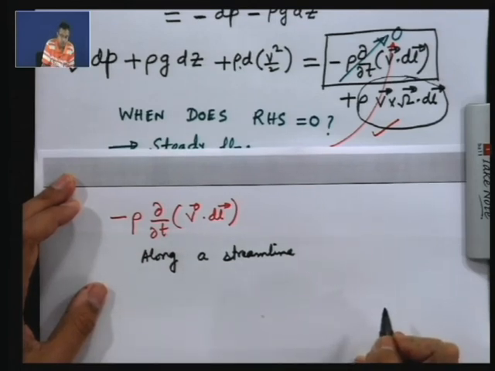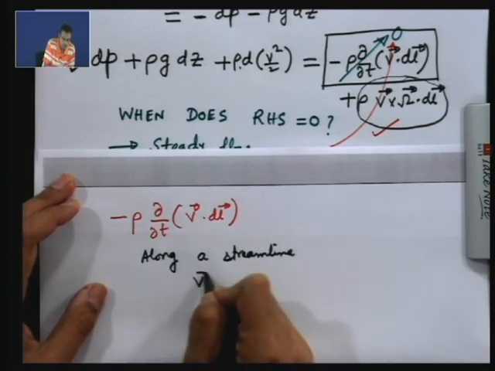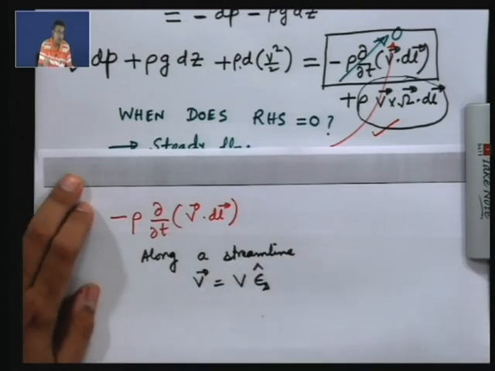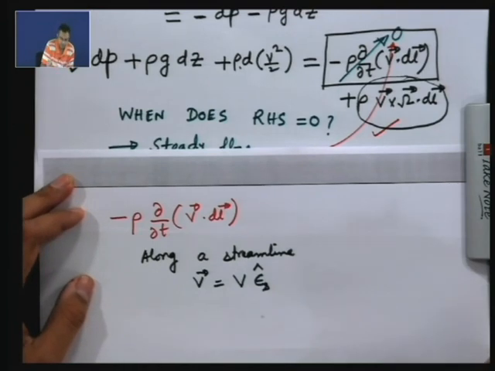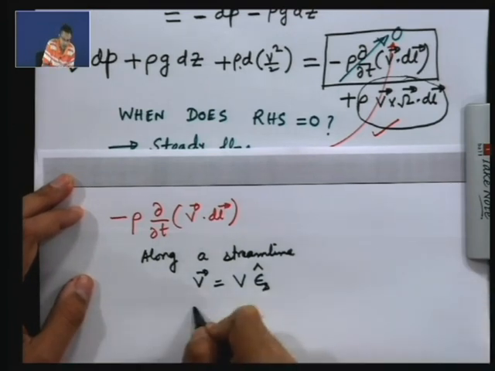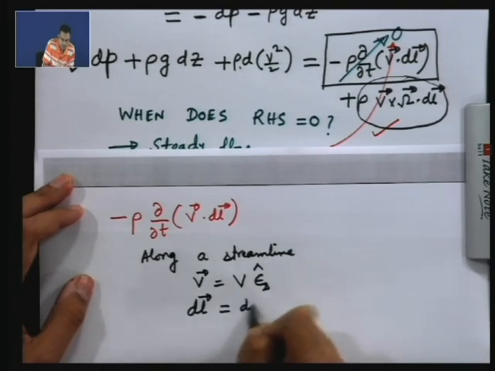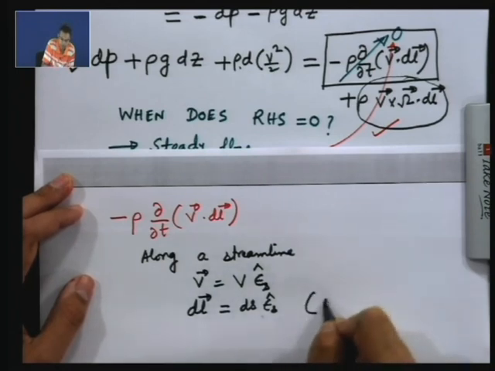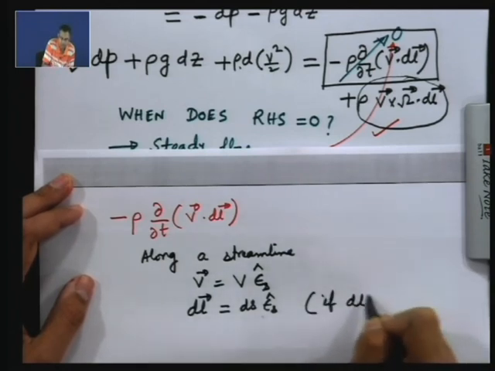So, along a streamline we can write v into epsilon s, where epsilon s is a unit vector along the streamline. dl is ds into epsilon s, where epsilon s is the unit vector along the streamline if dl is along a streamline.